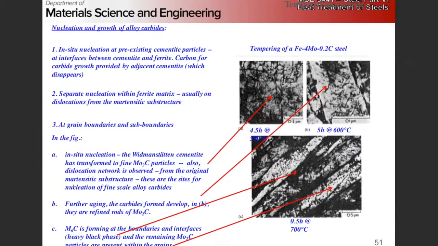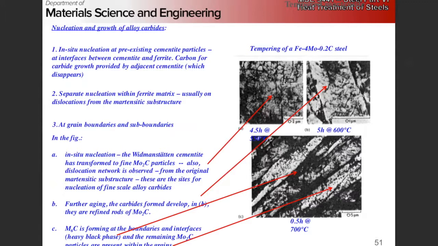And then nucleation and growth of the alloy carbides. This is basically as we have said before, right? We have nucleation heterogeneously on dislocations in the martensite substructure, right? Remember, there's a lot of plasticity that accompanies martensite formation, and if the carbon content's low enough, you have slipped martensite rather than twin martensite. So you have a very high dislocation density, right?